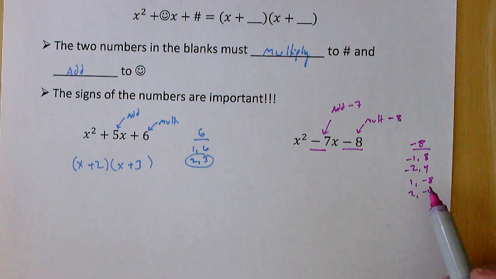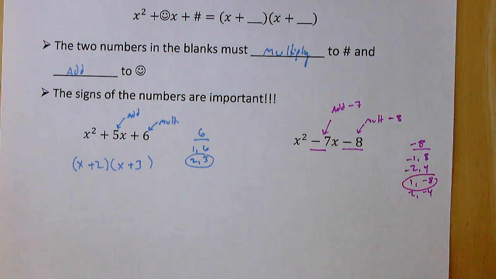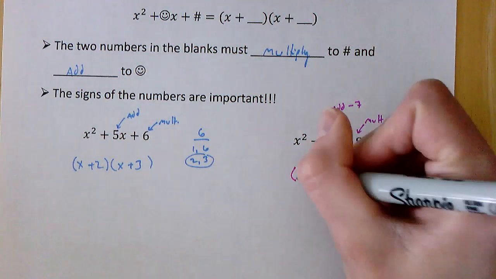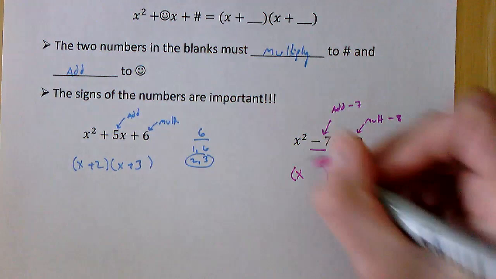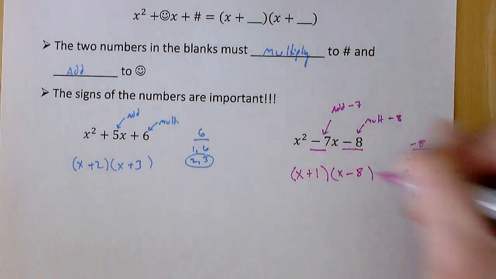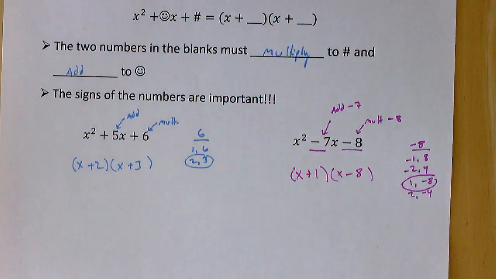So 1 bucket of water, 8 fires. There we go. That's the pair that I need. So this is going to factor to, again, two sets of parentheses. They're both going to have an x in the front. I'm going to have a +1, and then since that's a -8, -8. And that's my factored form.